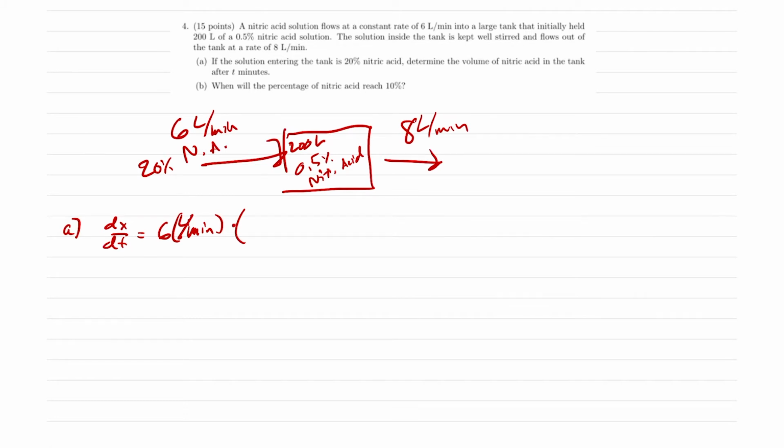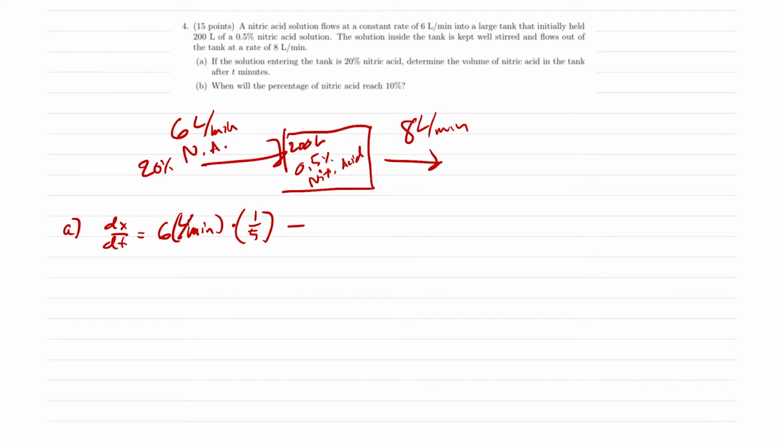So we're going to have 1/5 of that, 20%, is nitric acid. You just put 20% here if you want, or 0.2, and that'll be the same. All right, so now we're subtracting off 8 liters per minute.